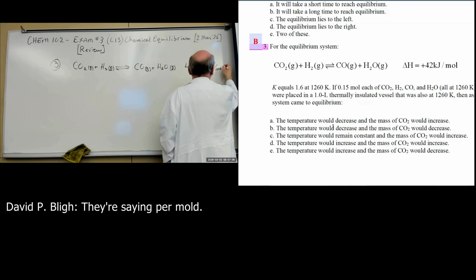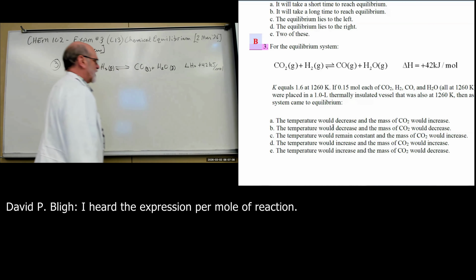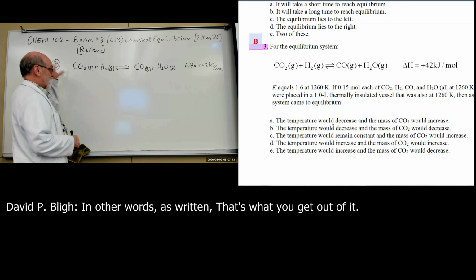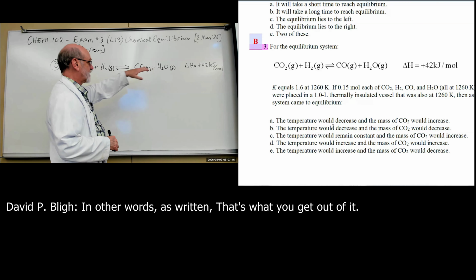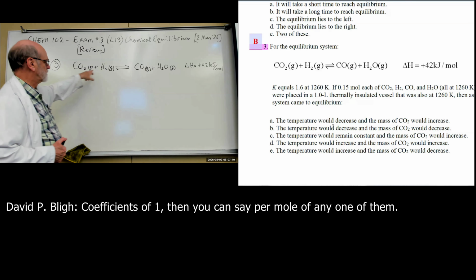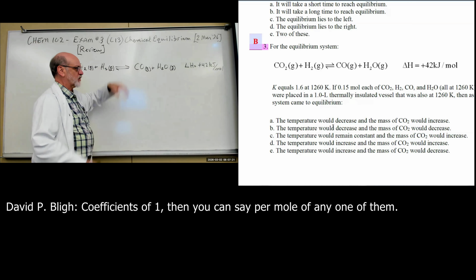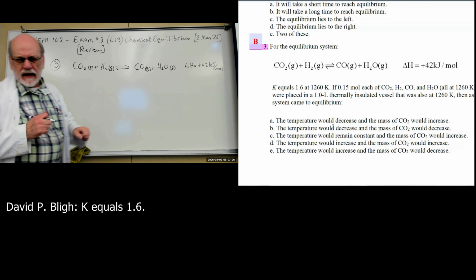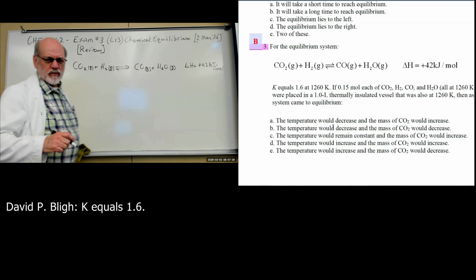They're saying per mole. I heard the expression per mole of reaction. In other words, as written, that's what you get out of it. Since these are all coefficients of 1, then you can say per mole of any one of them. K equals 1.6.